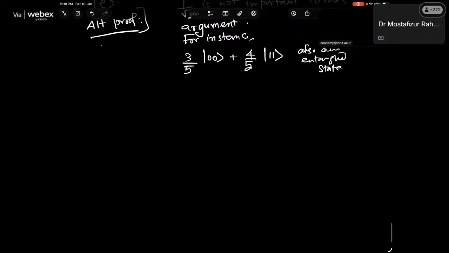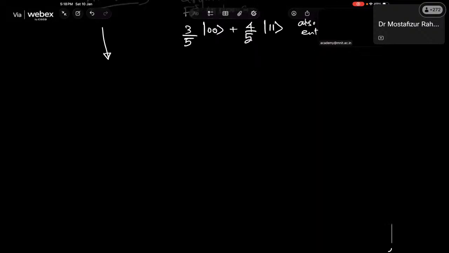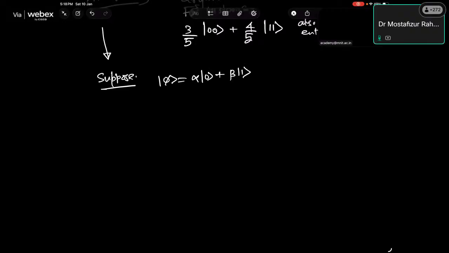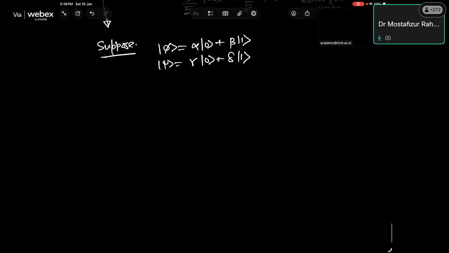So let's do an alternate proof. Suppose I have a state phi as alpha ket 0 plus beta ket 1, and I have another state psi as gamma ket 0 plus delta ket 1, right? The earlier proof was the reverse proof, and this is the forward proof. Then their paired state is phi psi, the composite state, right?